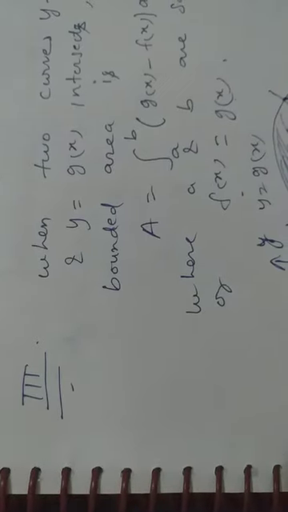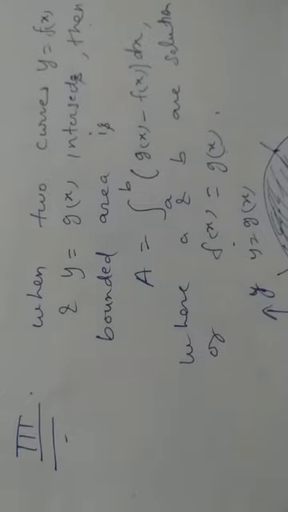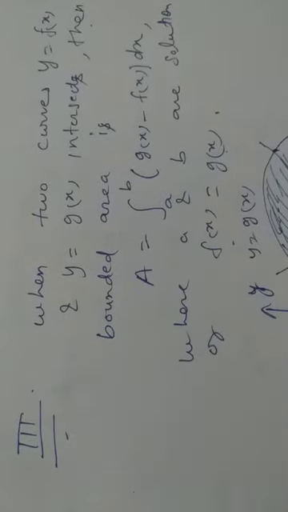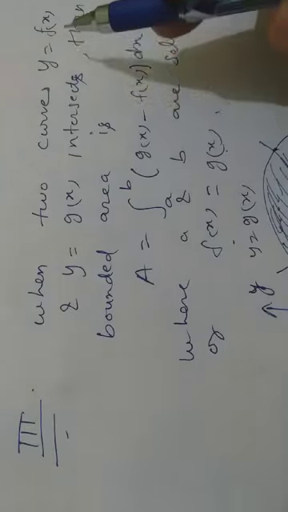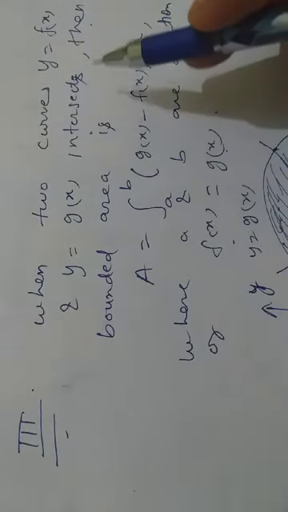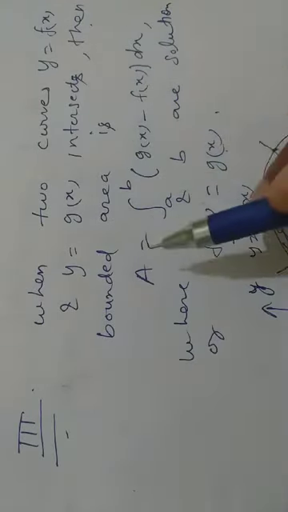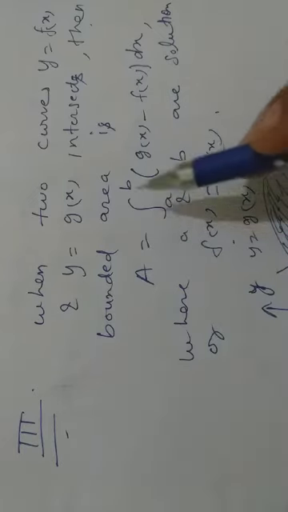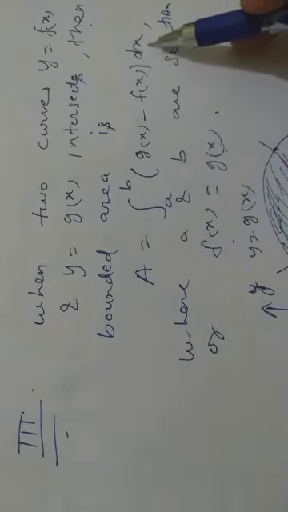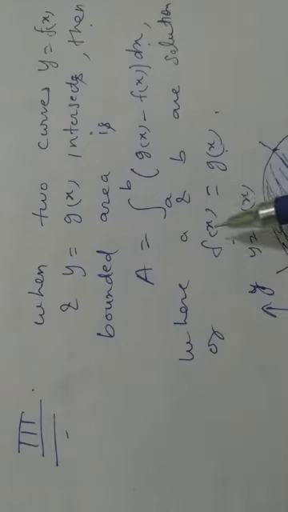And this is the third case. In this case, when two curves y equal to f(x) and y equal to g(x) intersect, then the bounded area is A equal to integral a to b (f(x) minus g(x)) dx, where a and b are solutions of f(x) equal to g(x).